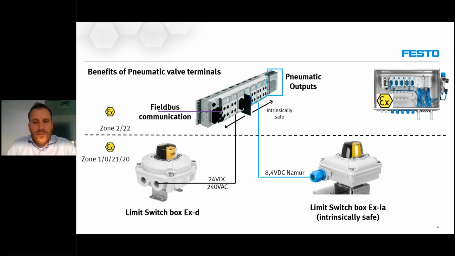The benefit of this signal is that the power is so low that when the two wires of the signal are connected together and a spark happens, the spark will not have the power and force to initiate a possible explosion.